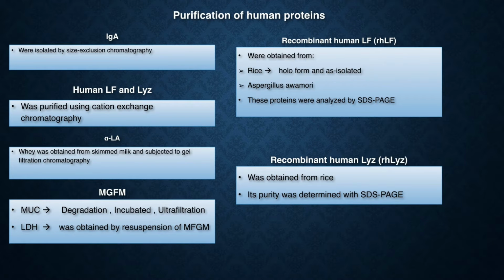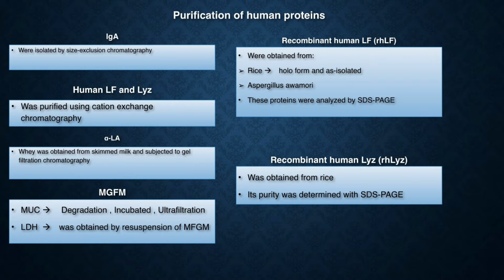Purification of human proteins. Immunoglobulin A was isolated by size exclusion chromatography. Human LF and LIS were purified using cation exchange chromatography. Alpha LA was obtained from skimmed whey and subjected to gel filtration chromatography. MFGM, MUC, and LDH were obtained by incubation and ultrafiltration.